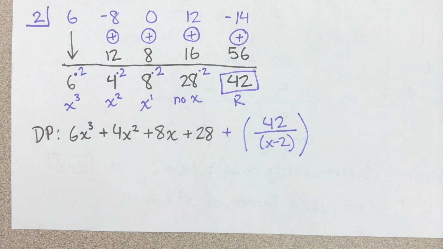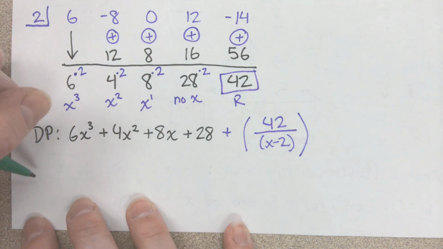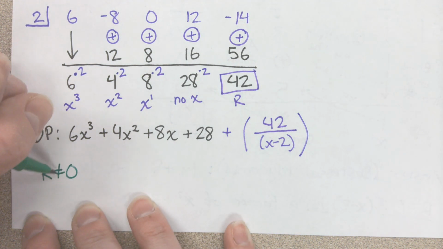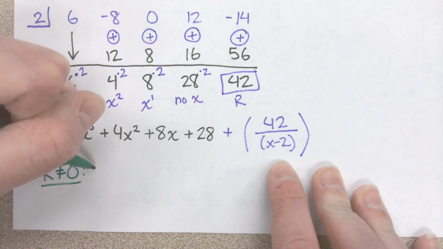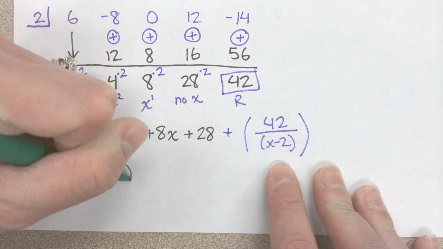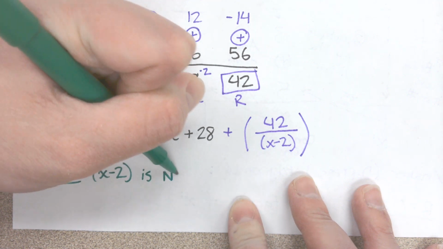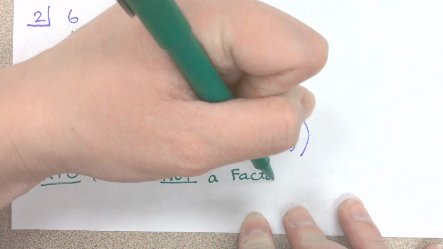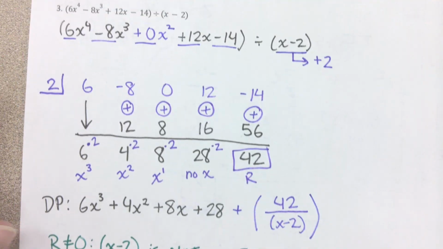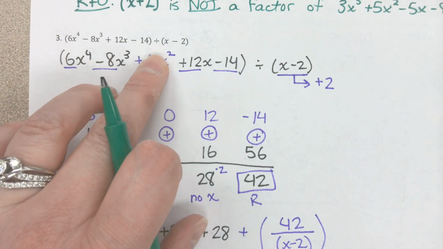Once again, since we got a remainder, that means that this is not a factor. This does not divide nicely. So we have to make a statement. R does not equal 0. Therefore, our divisor, x minus 2, is not a factor of what we were dividing in the first place, that original polynomial.